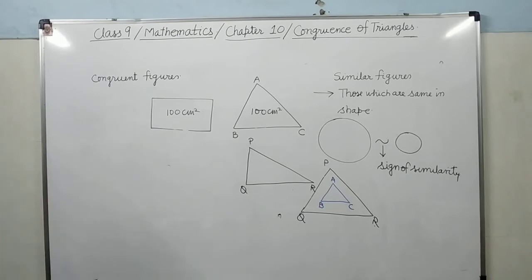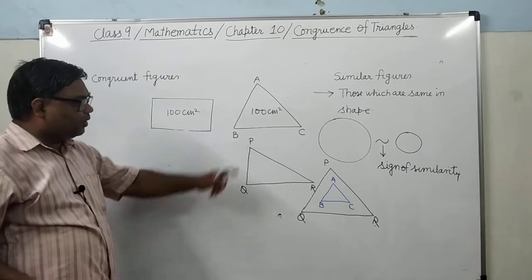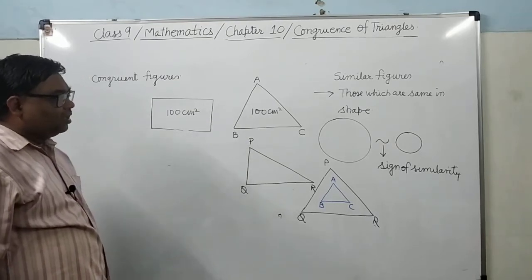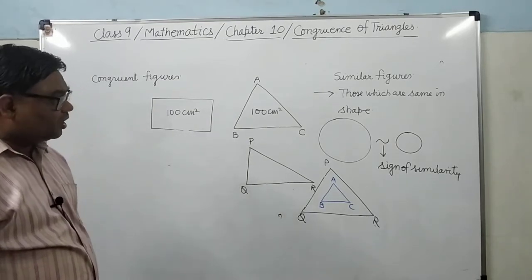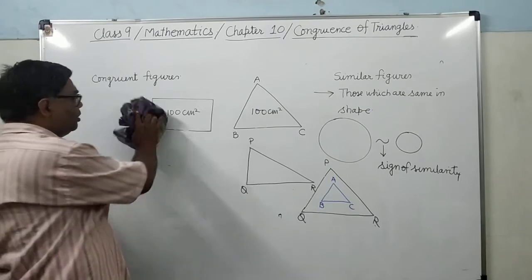They will be equal in size only if they are same in shape. It is clear? So here these figures are not similar. So similar figures are those which are same in shape.